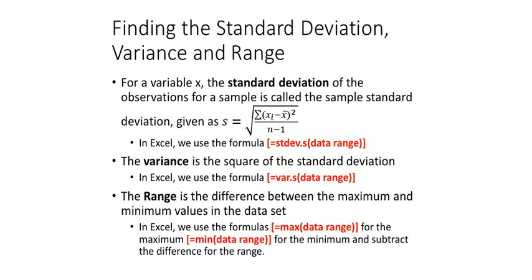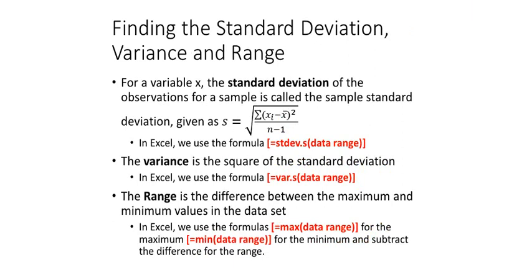In standard Excel, if we have sample data, we use STDEV.S, that's standard deviation, where S stands for sample. There's another command just like it for populations if we have the entire population. The variance is just the square of our standard deviation.